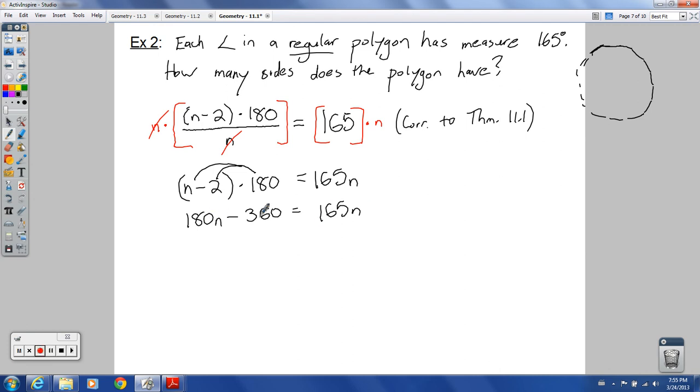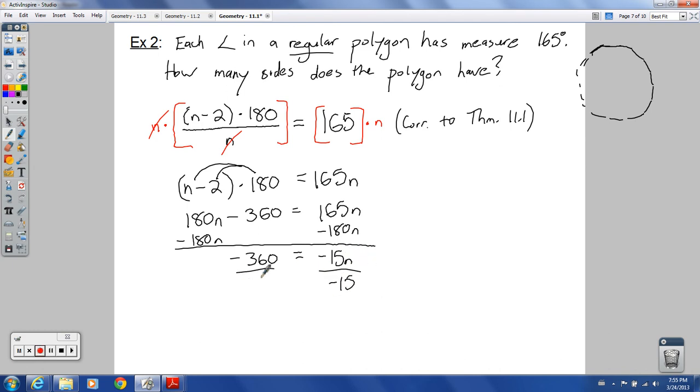And then we could subtract 165n and add 360, or we could just subtract 180n, have a negative number here, but then just divide by a negative number to get our final answer. So negative 360 equals negative 15n.